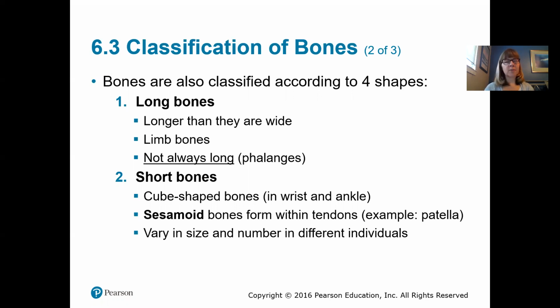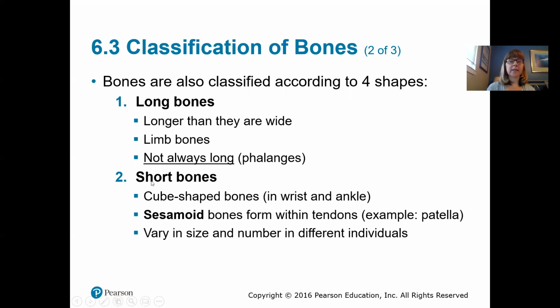But there's other bones too. It actually contains all of those little finger bones as well. So it's the bones that are longer than they are wide. Okay, so it is basically all of your limb bones. So if the bone is longer than it is wide, then it is considered a long bone. So it does contain all of the phalanges.